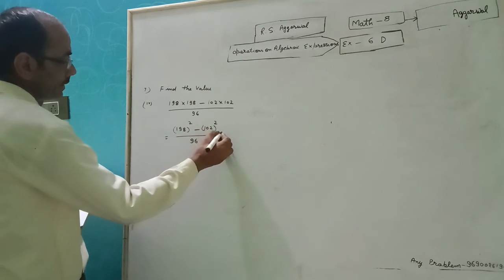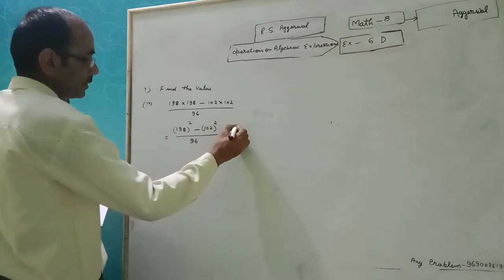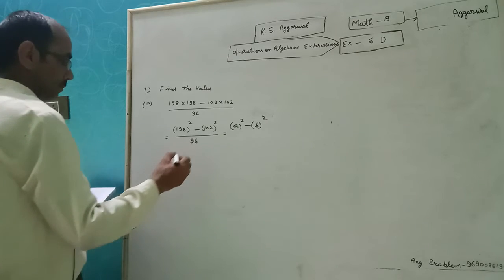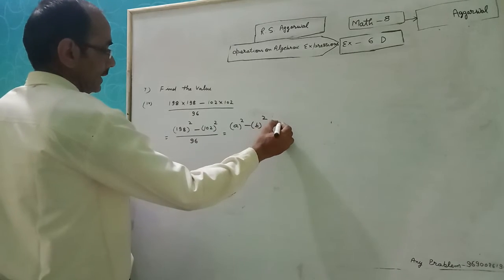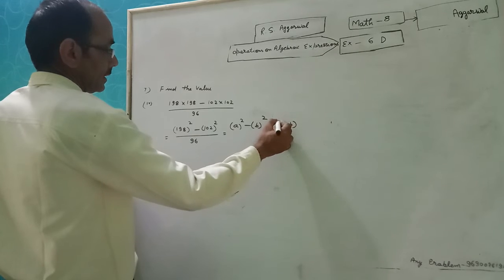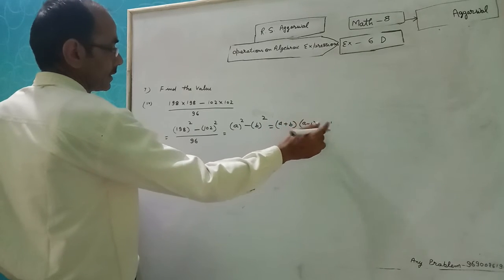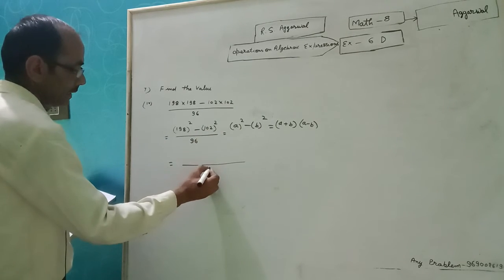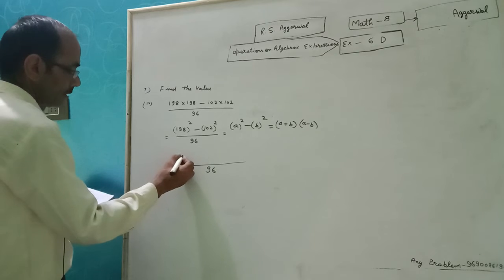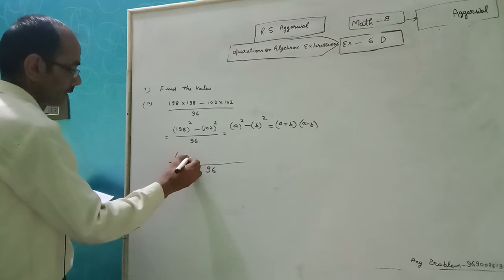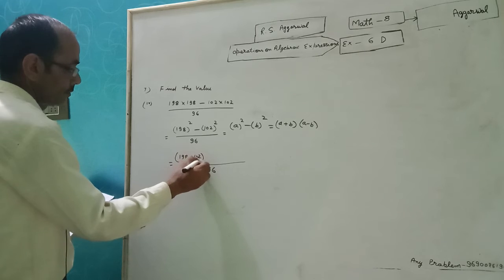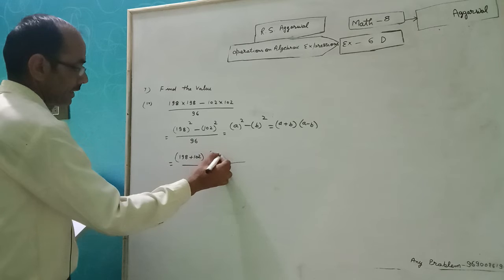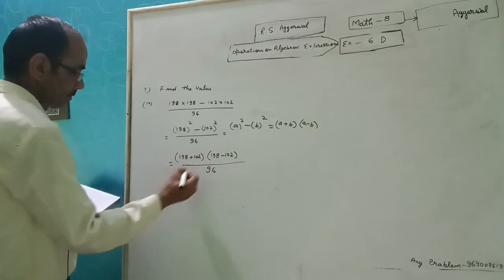It is same. That is formula a square minus b square. We write the a plus b and a minus b. According to formula, 96, it is same. 198 plus 102 and 198 minus 102.